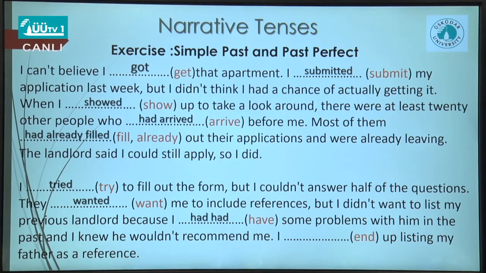Yeah, past, and I knew he wouldn't recommend me. I ended up listing my father as a reference. Was it complicated? Not that much. But in the proficiency exam, there will be some questions somehow close to this style. You will be given a text and you should fill in the blanks by using the correct form of the verb.